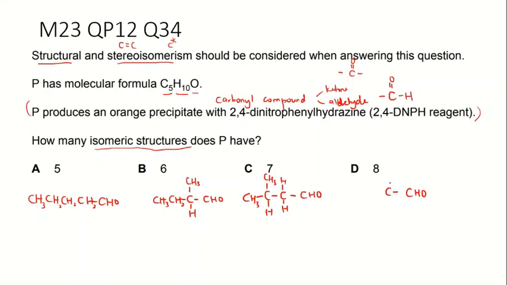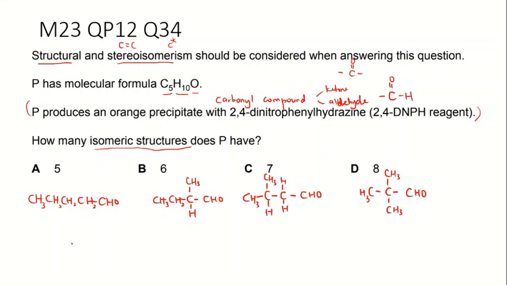What if this time this C is bonded to 3 CH3? Still 4 carbons, not including this one because the formula is C5. So 1, 2, 3, 4, 5. So for now I've found 4 structural isomers, and I think I will not be able to write more for aldehyde. I'll move on to ketone.